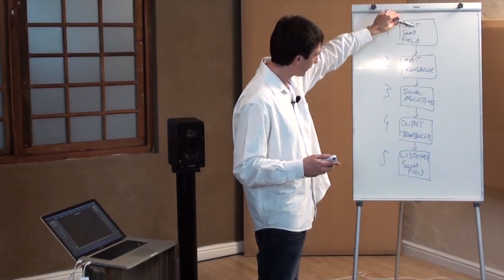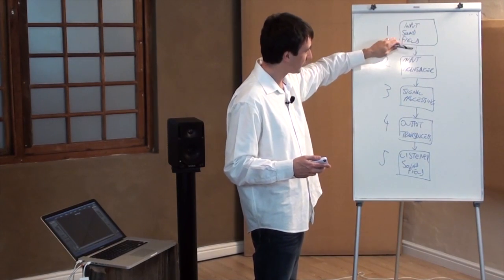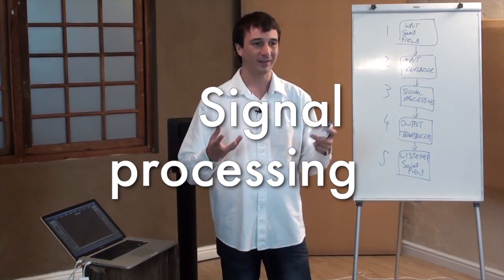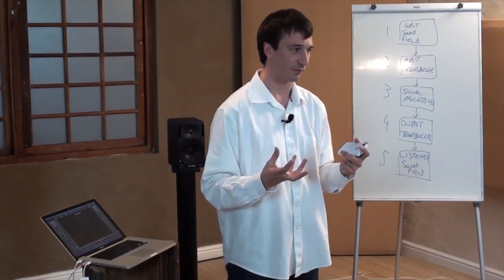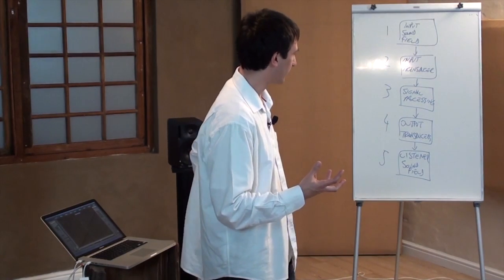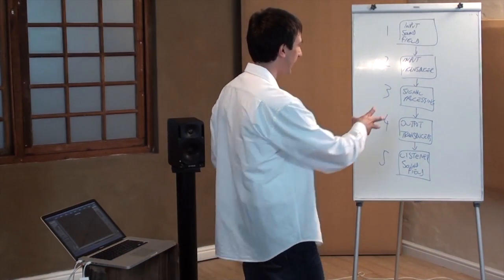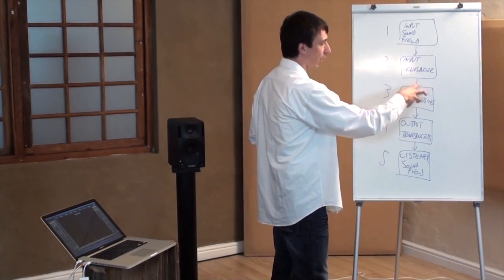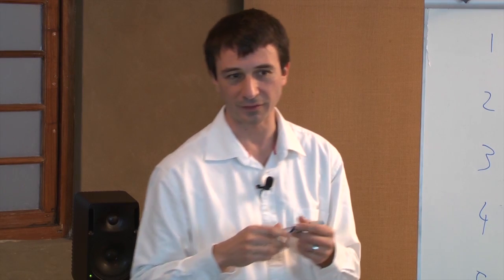So: input sound field, input transducers, signal processing. Signal processing is the heart of a sound system from an electronic point of view, because the sound is processed in this block. What belongs to signal processing? Mixers.